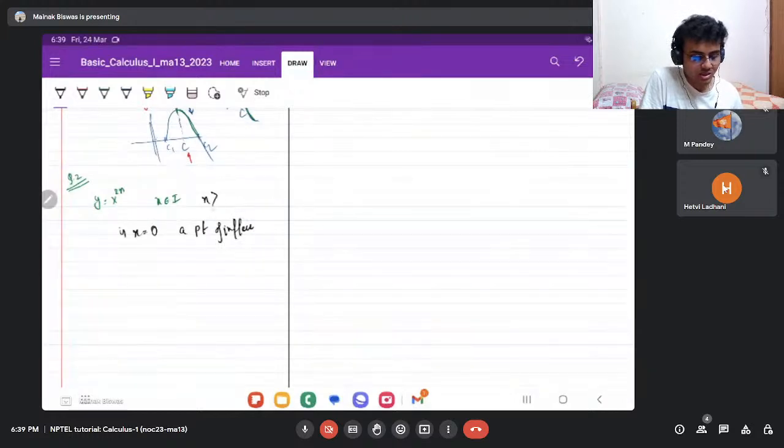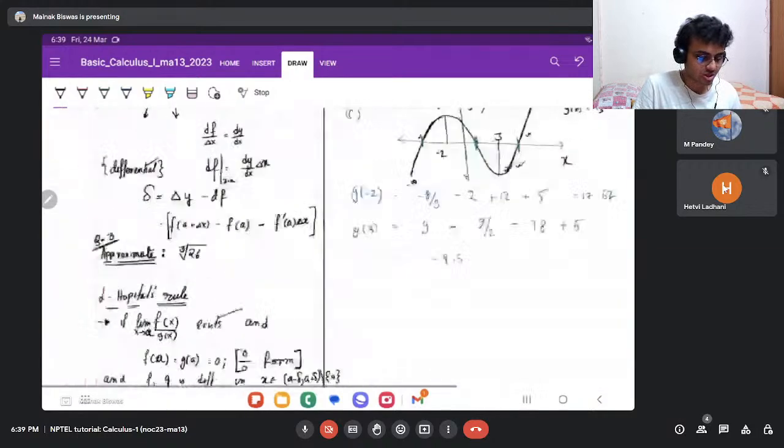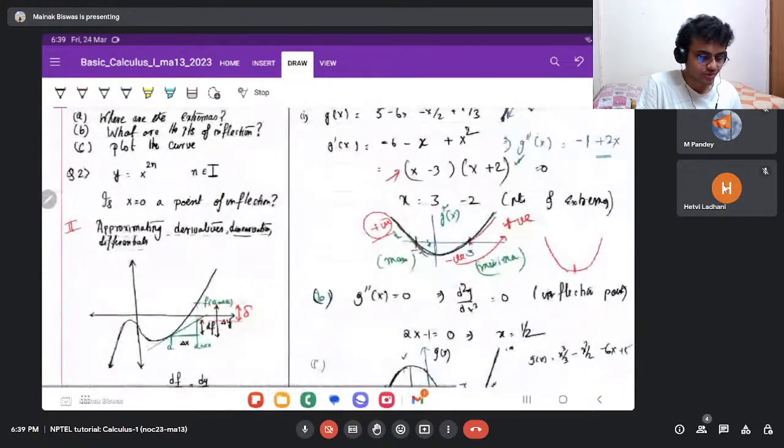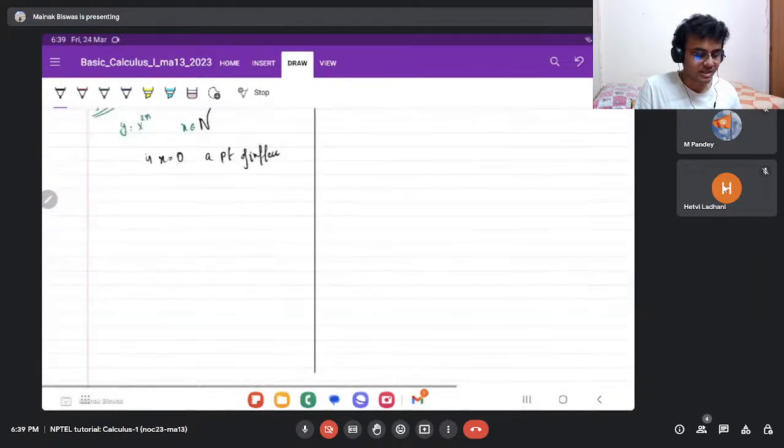So n has to be, say, greater than or equal to 2, right? I should have written whole numbers or natural numbers, so let's change it. It is from 1 onwards. So is it a point of inflection?